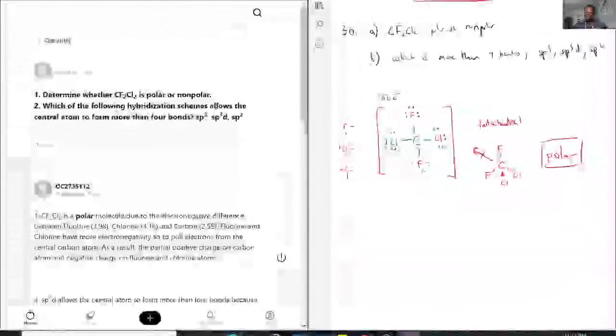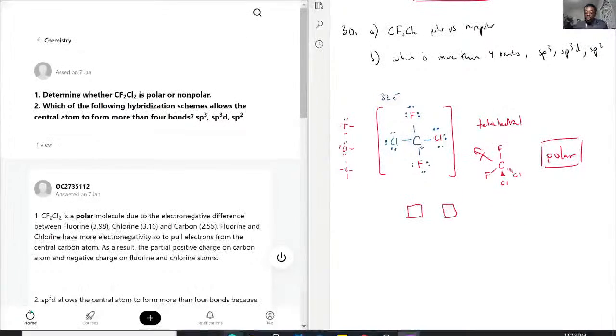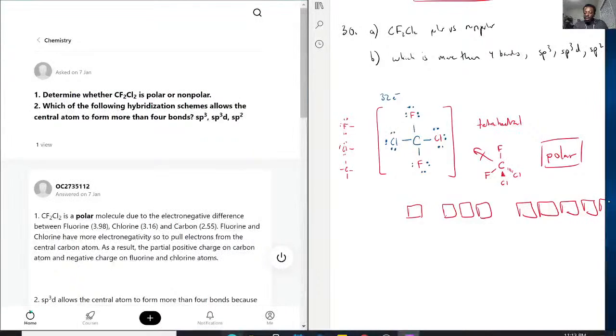So now the next part is asking which of these can have more than 4 bonds: sp3, sp3d, or sp2. For this, we need to know what that even means, okay? So this would be an s orbital, this would be a p orbital, this would be a d orbital, okay?